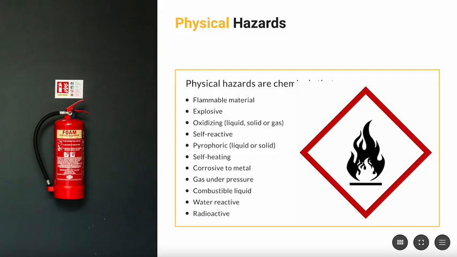Some examples of physical hazards include flammable materials, explosives, oxidizers, self-reactive substances, pyrophoric substances, self-heating materials, corrosive materials, gases under pressure, combustible liquids, water-reactive substances, and radioactive materials. It is important to handle and store these materials safely to prevent accidents or incidents that could result in injury or damage.